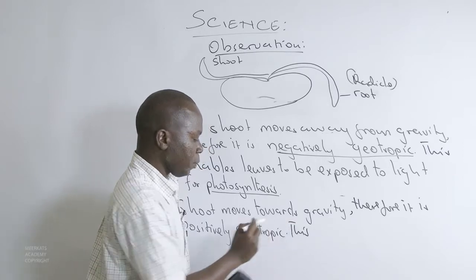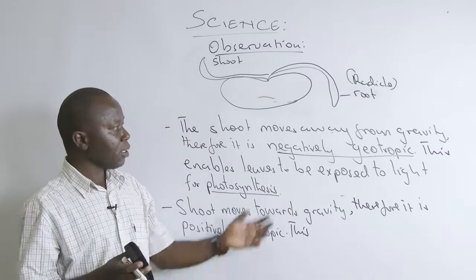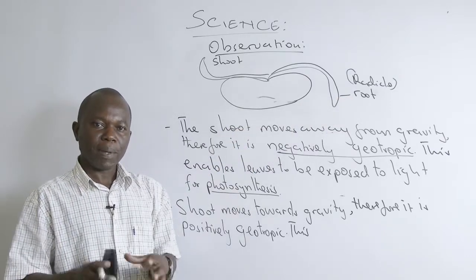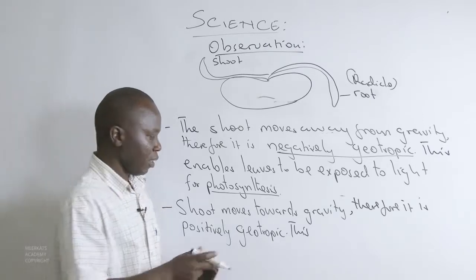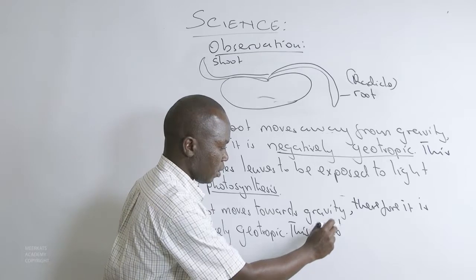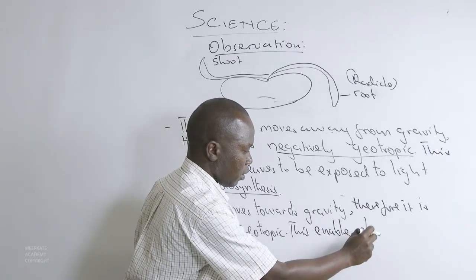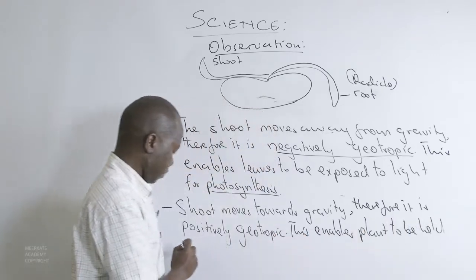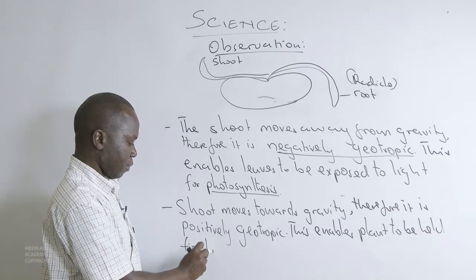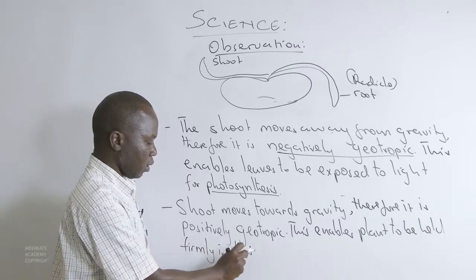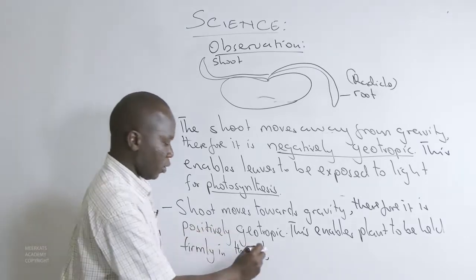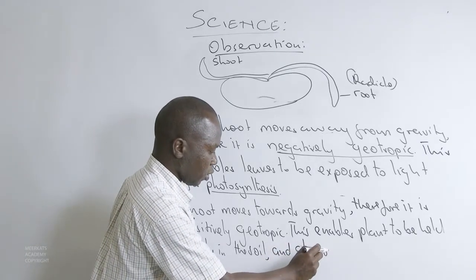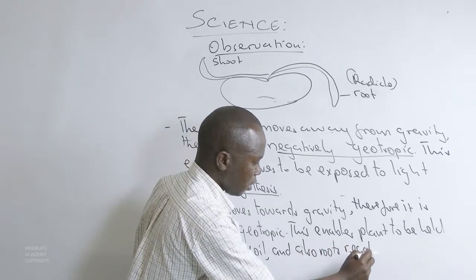And we have said this positive geotropism is important because it enables the roots to reach sources of mineral ions and also to enable the plant to be held firmly in the soil.